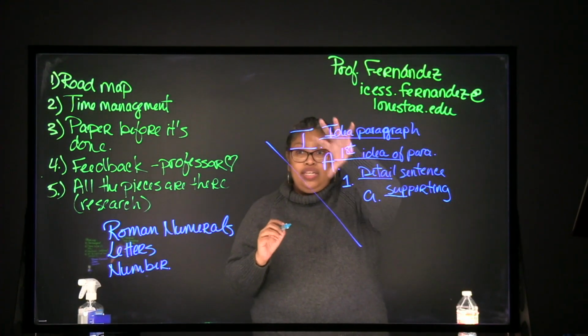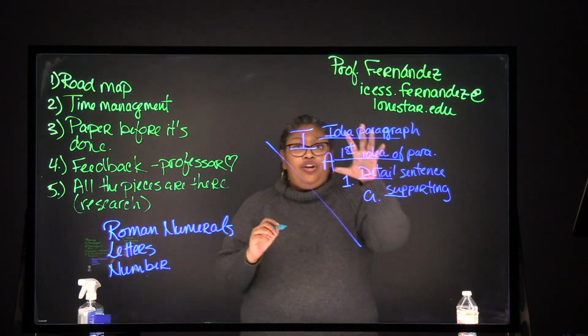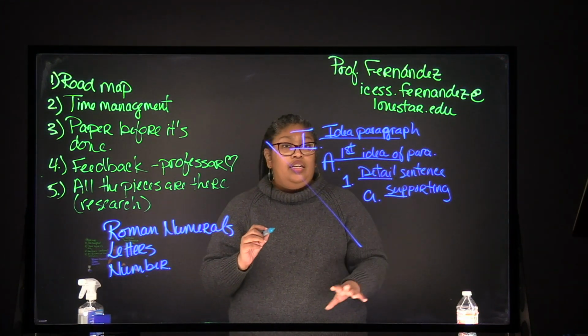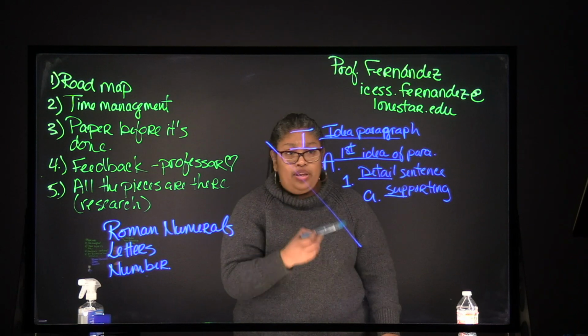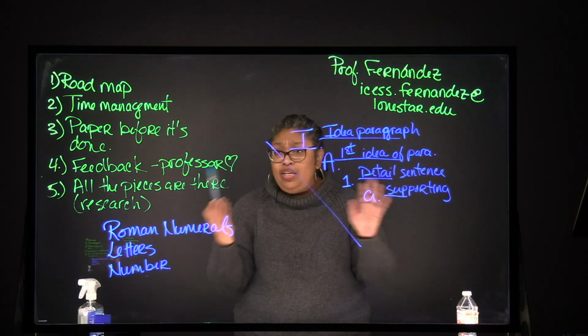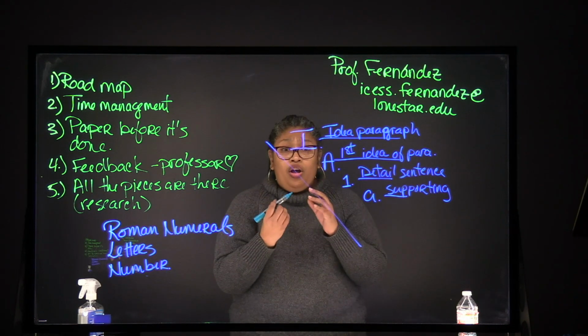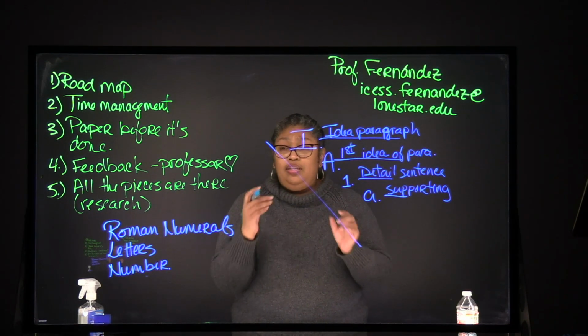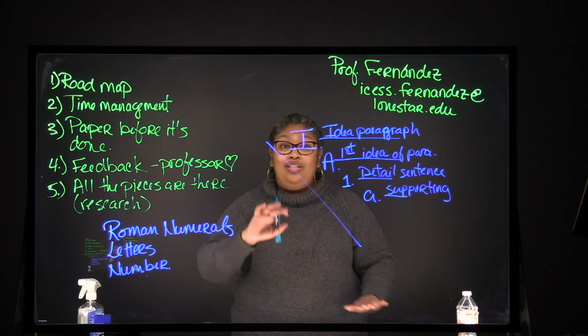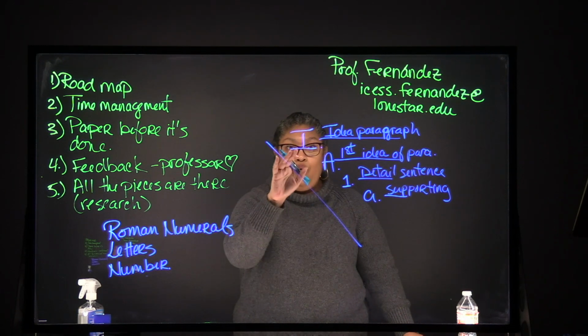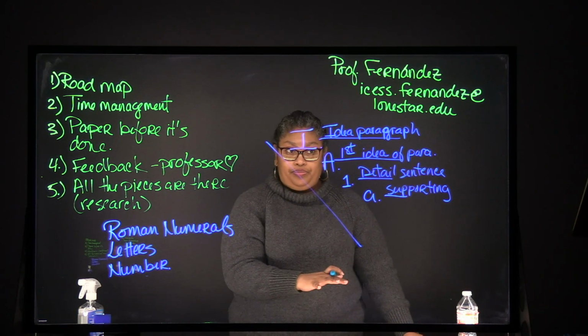And so when you're seeing this hierarchy of ideas here, you're starting to see how things fit in. Now, the fact that this is a Roman numeral and this is a letter and this is a number means absolutely nothing. You can do the same thing with dashes or bullet points. That doesn't matter. What matters is the hierarchy, where everything is going to go, right?